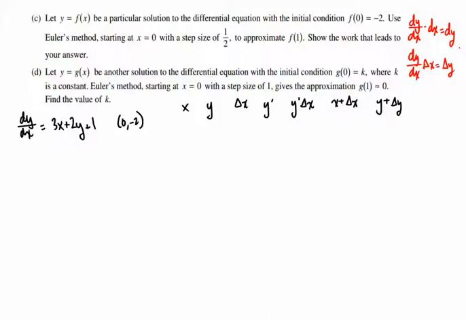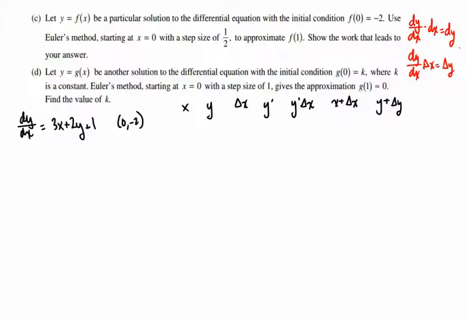So what we're going to do here is start with a point. We're going to use the derivative and the delta x to get a new y value along with its x plus delta x, new x value. And we're just going to continue to iterate that process as we go.